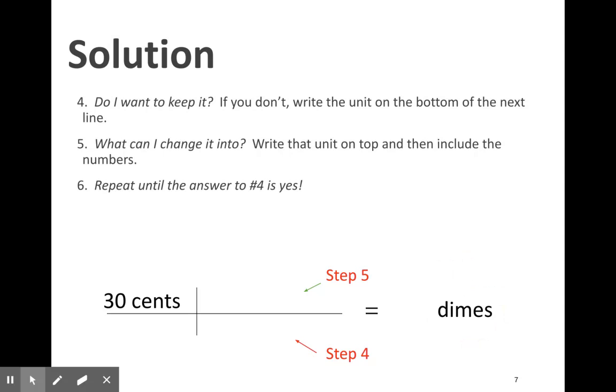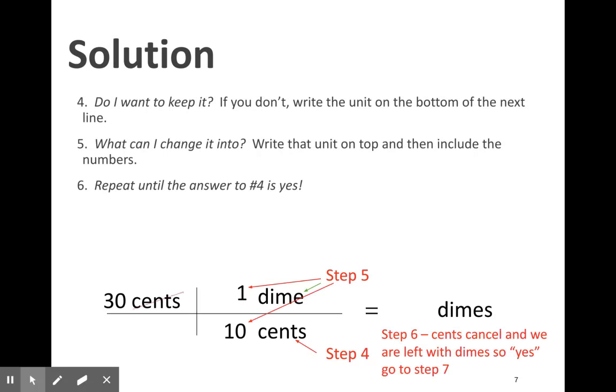So what I do know is that cents can be at the bottom here, like it says in rule number 5. And I know we could put dime at the top because we can convert cents to dimes. So for 1 dime, which is the unit I want to get to, I know that there's 10 cents in 1 dime.